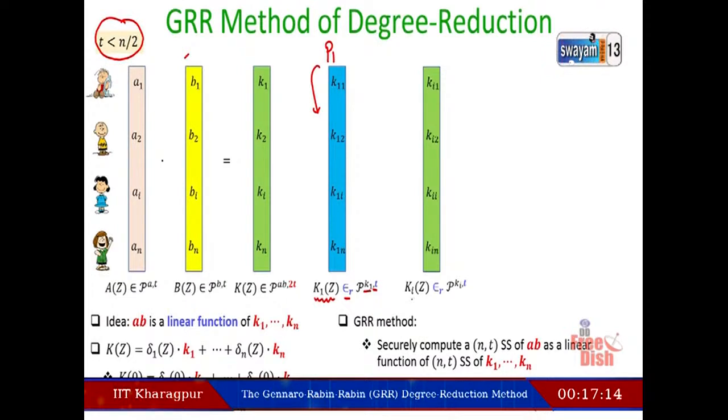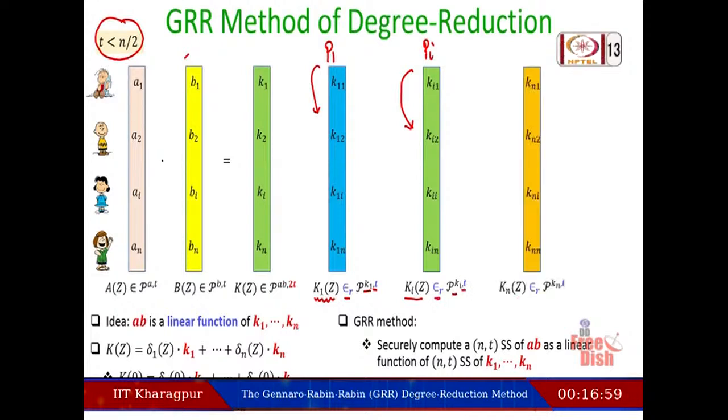Pi will be asked to act as a dealer and run an instance of Shamir secret sharing to share ki. So, for that it will be picking a random polynomial of degree t whose constant term is ki, and like that we will ask the nth party to pick a random polynomial of degree t with constant term being kn and distribute the shares.